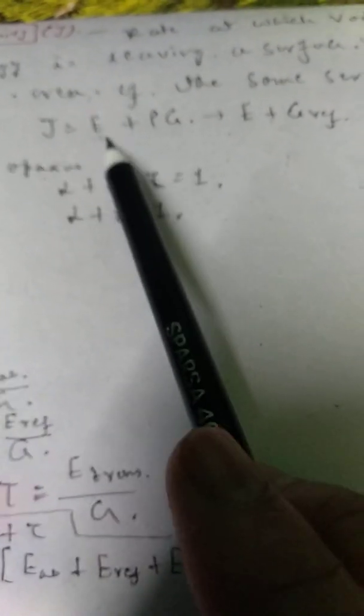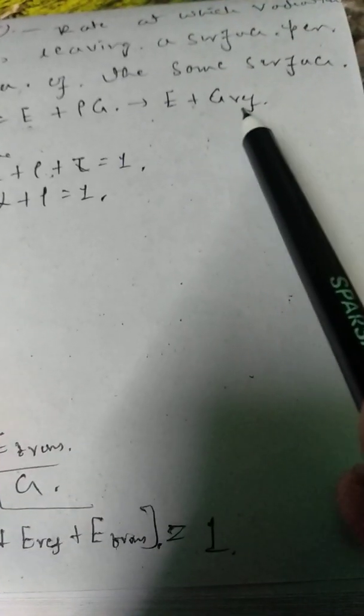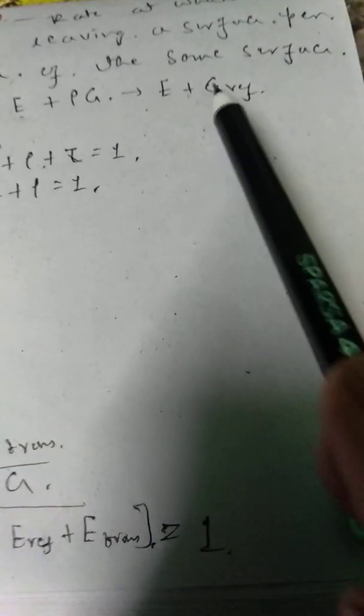So this radiosity is represented by E plus rho into G, or E plus the irradiation heat flux which is being reflected.